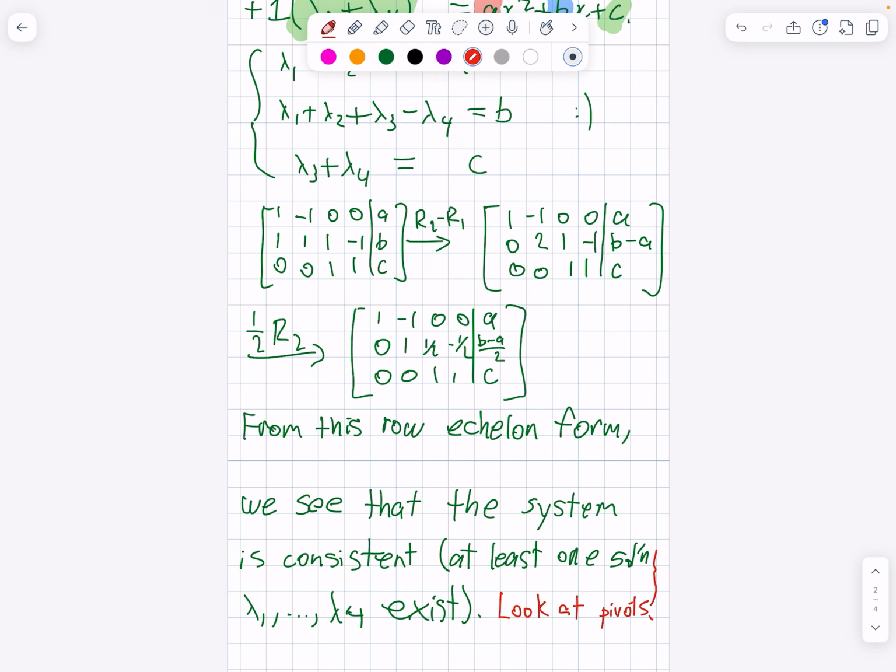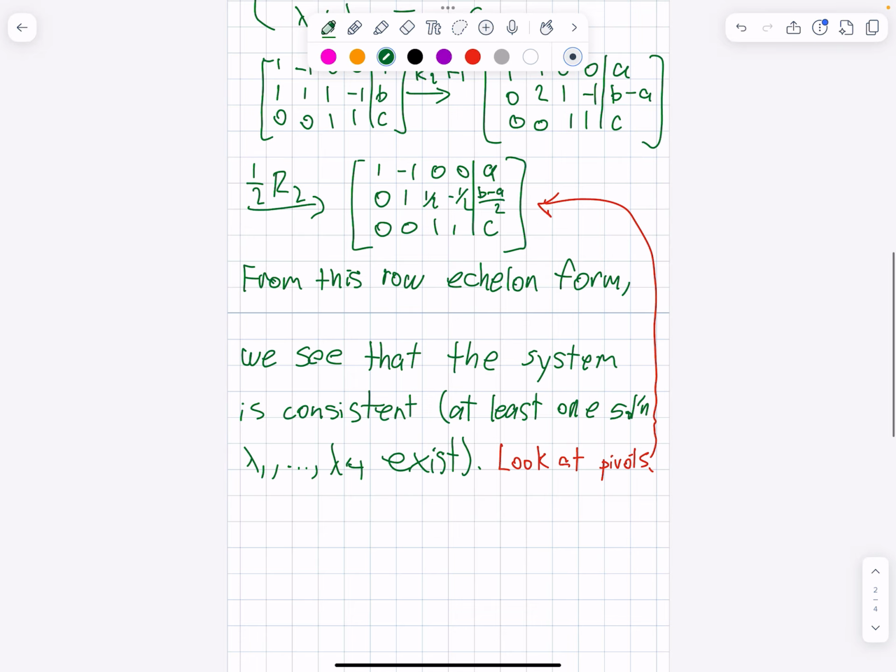Look at the pivots of this guy. Okay, this is good shape. And so we know at least one solution exists. So the conclusion: there exists lambda 1 up to lambda 4 such that, so I don't remember what the vectors were.